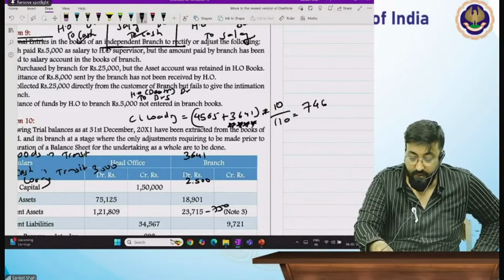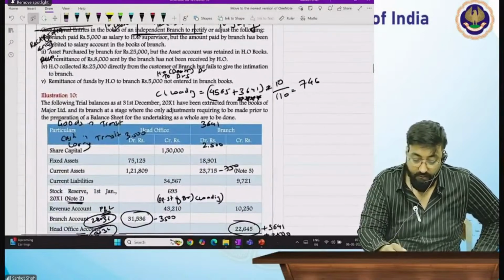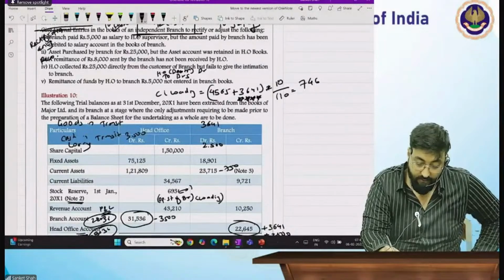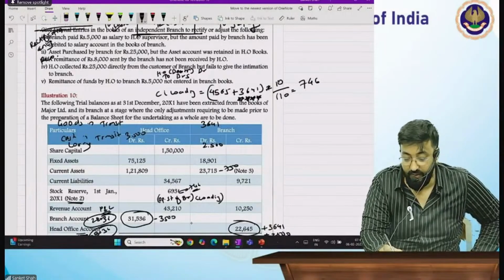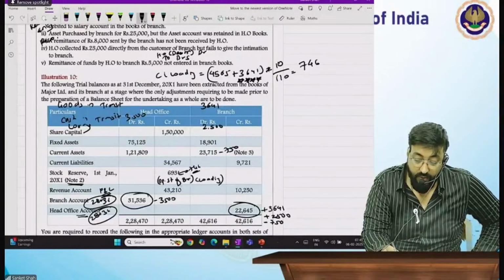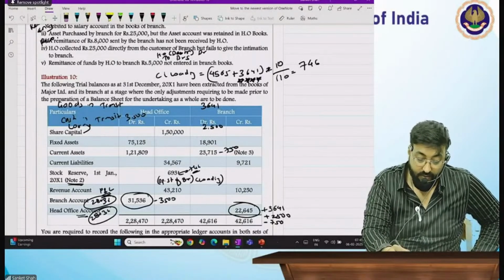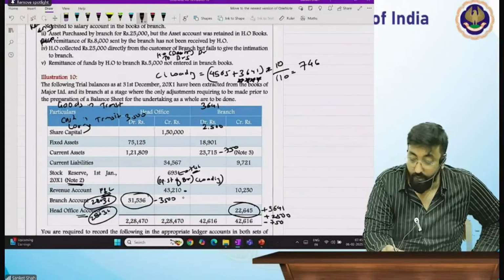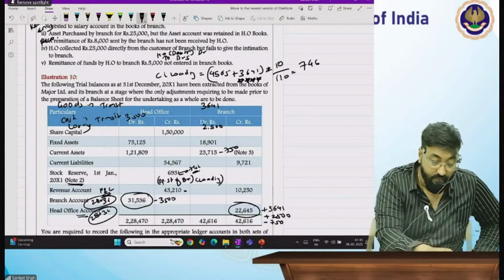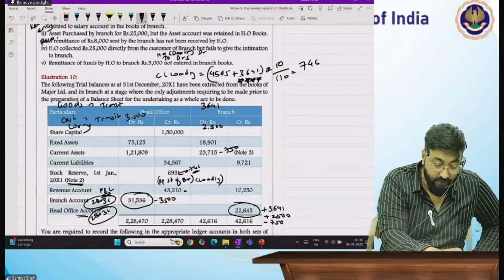Where to record it, beta? In the stock reserve account. So we will open stock reserve account. It is a liability, so it's 746, and the credit balance will be transferred to net profit. Your net profit will also get affected. Yes, sir. So in net profit 746 is the closing stock, and what is the opening stock reserve? 693.